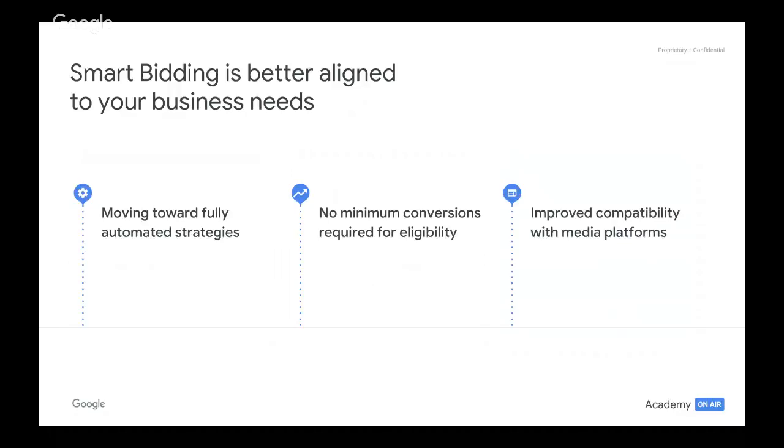Historically, they may only have been available for medium to larger sized advertisers, but actually removing those thresholds as the bidding algorithms improve has meant that for smaller advertisers, they've been accessible and very attractive bid strategies to use.